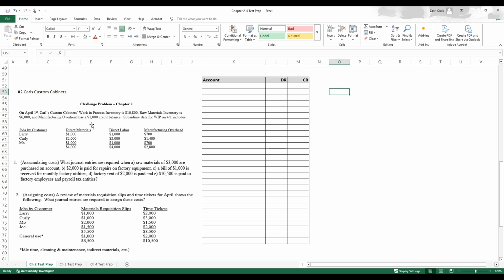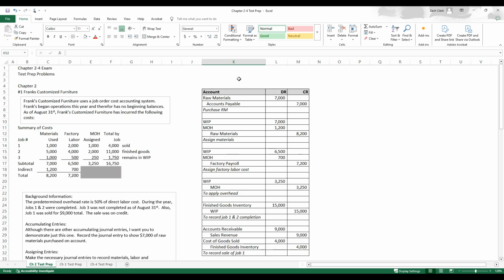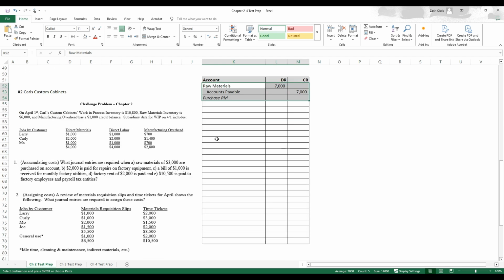Okay, so accumulating costs. What journal entries are required when raw materials of 3,000 are purchased on account? Again, I'm going to take that journal entry there, because it's the same, just a different amount in this instance: $3,000. 2,000 is paid for repairs on factory equipment.